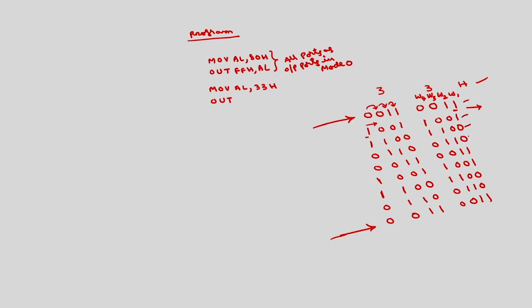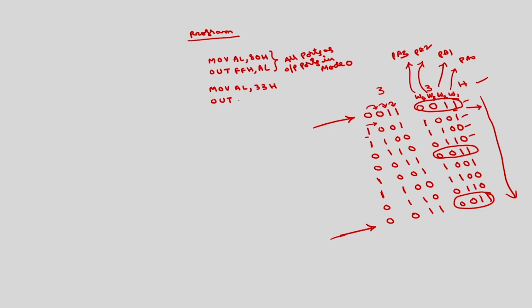Again this is the same as the initial, so this sequence will repeatedly come. You have to output this onto port A, because W1 is connected to PA0, this is connected to PA1, this is connected to PA2, this is connected to PA3.